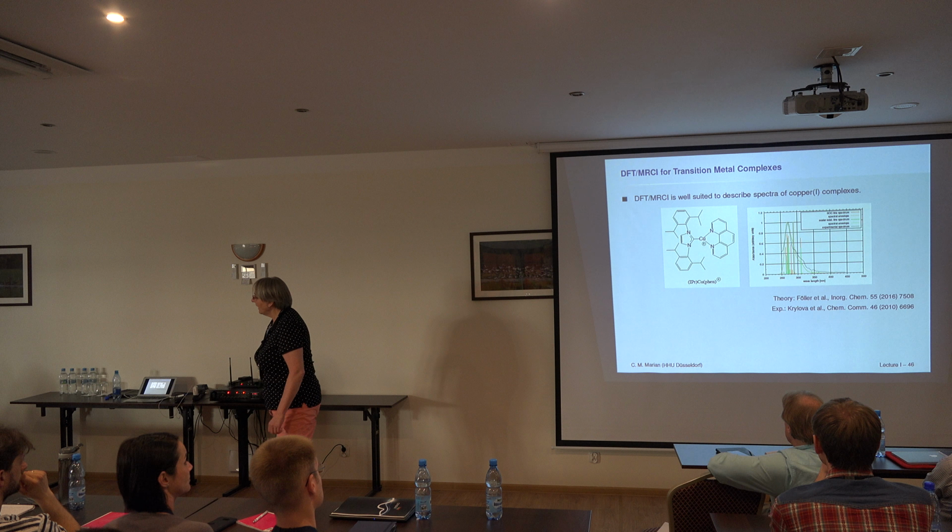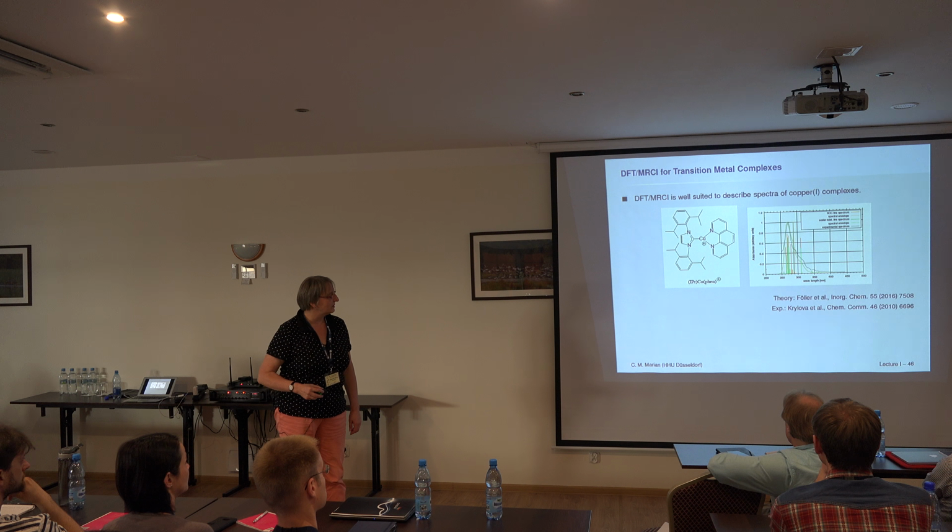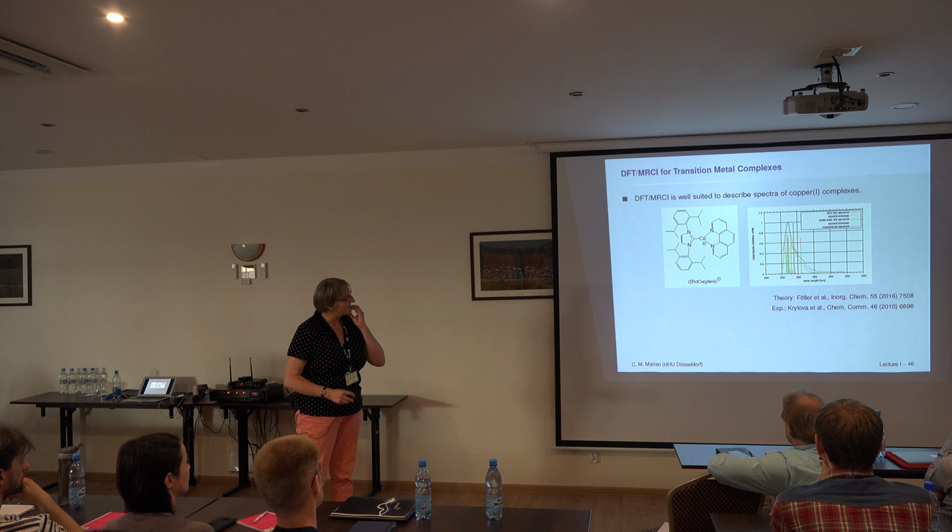And what I show you here is an absorption spectrum. The black line is actually the experimental absorption spectrum by Krylova, and Thompson is also involved here. And the green line here is the envelope of all our transitions.